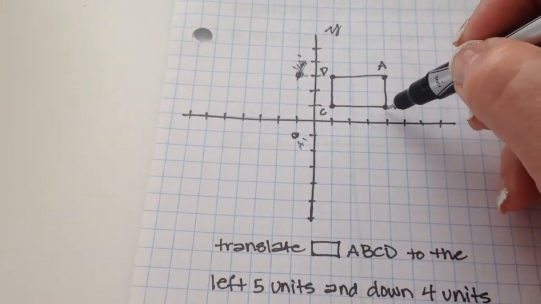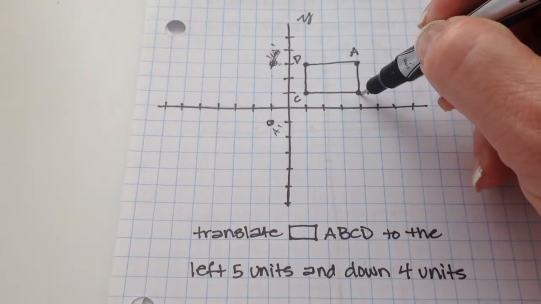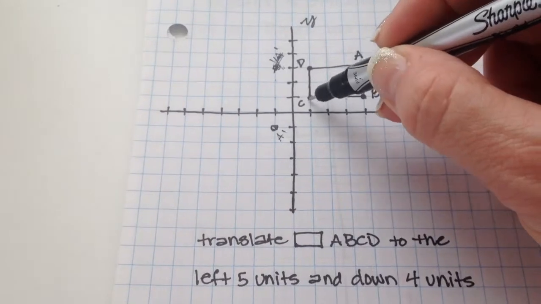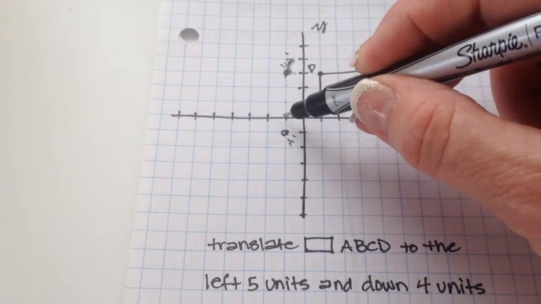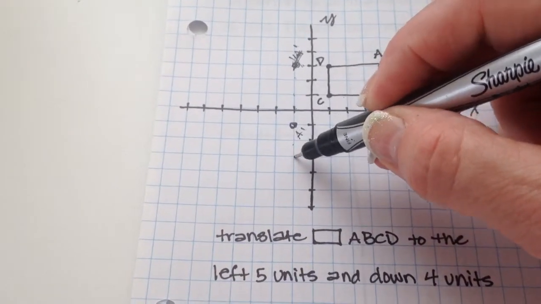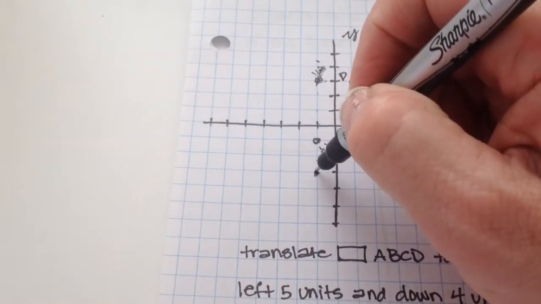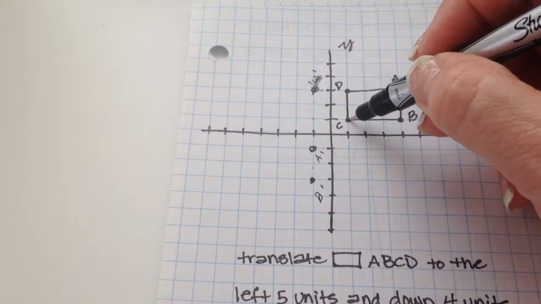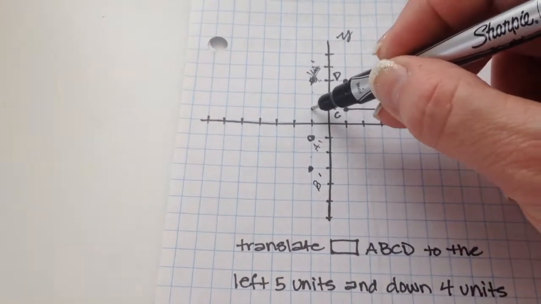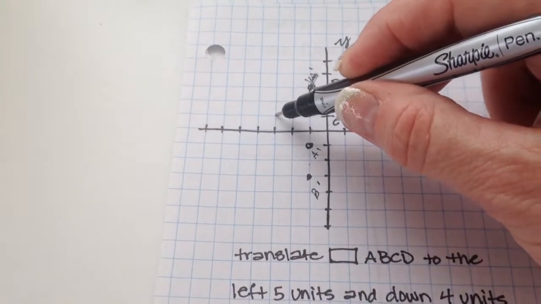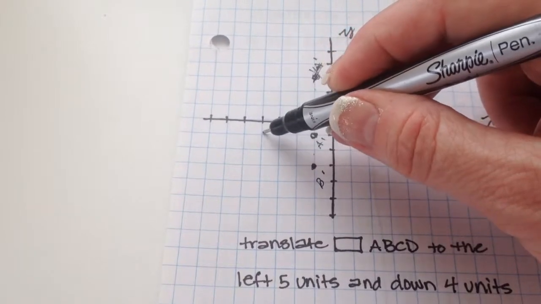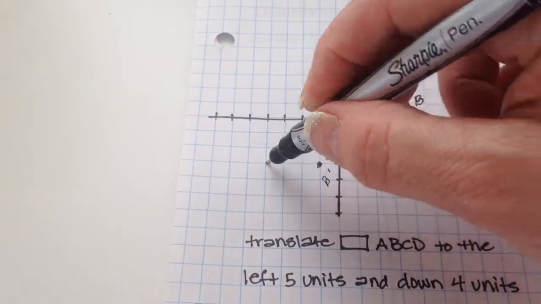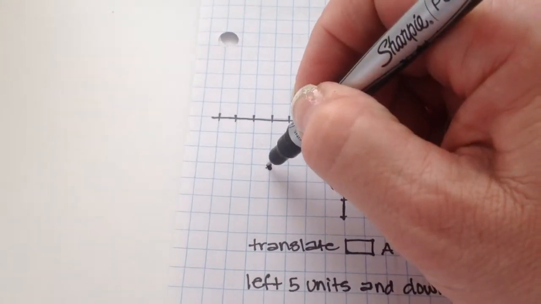All right, so B is going to go over 5 and down 4. 1, 2, 3, 4, 5. 1, 2, 3, 4. Okay, so B is going to be right here, or B1. C is going to go over 5 and down 4. 1, 2, 3, 4, 5, down 4. 1, 2, 3, 4. Ta-da!